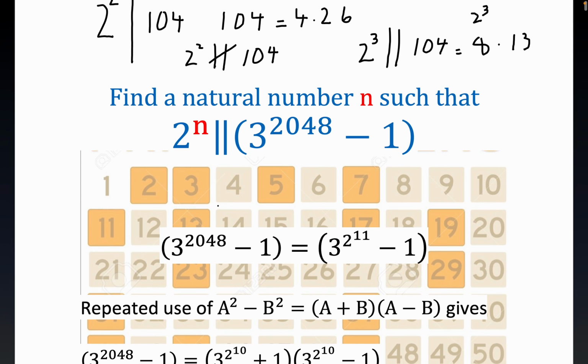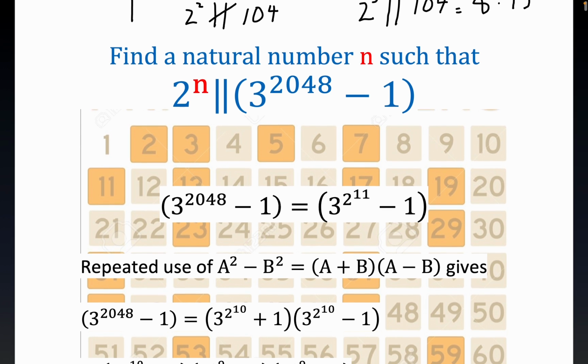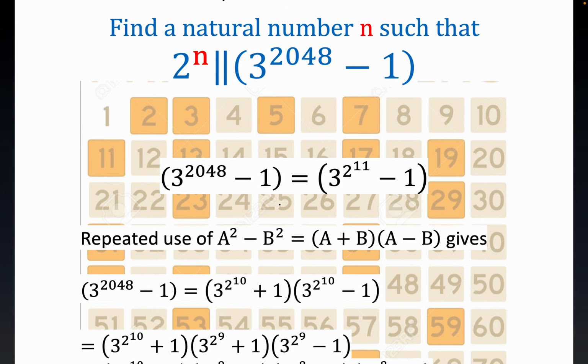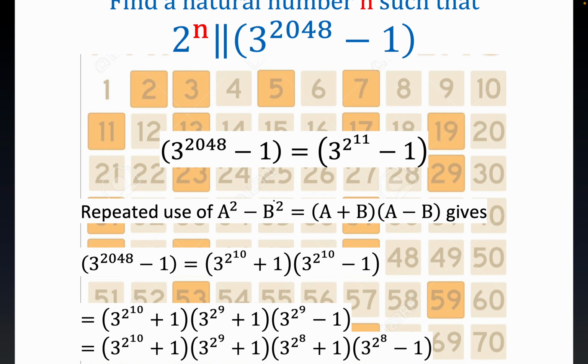Now let's rewrite this. These things are kind of rigged to work out nicely. 2048 is equal to 2 to the 11th power. Computer scientists are quite familiar with that. It's just binary. All right. Now, let's keep going here. Notice that if you think of this factorization here as a squared minus b squared, and again, your a would be 3 raised to 2 to the 10th power, and your b would be 1, okay?